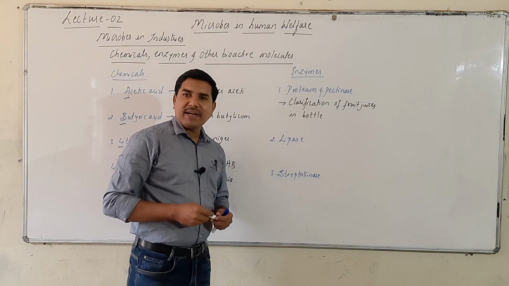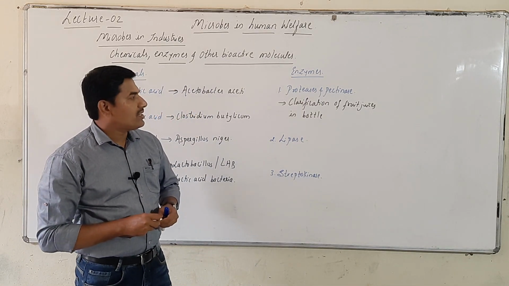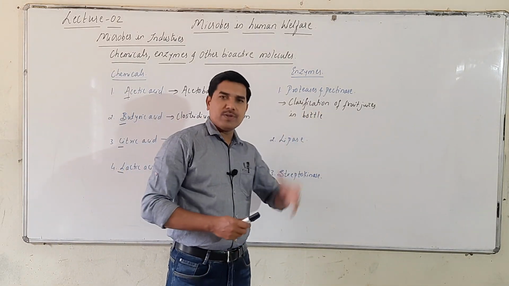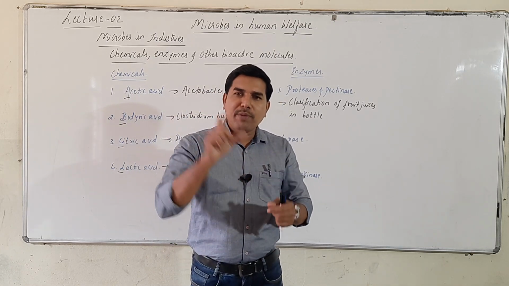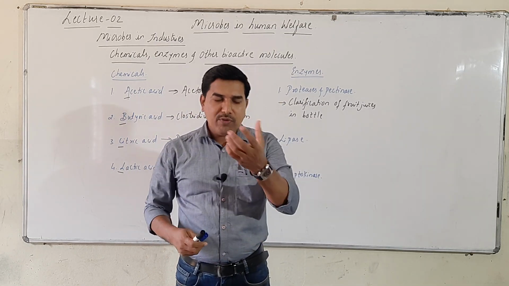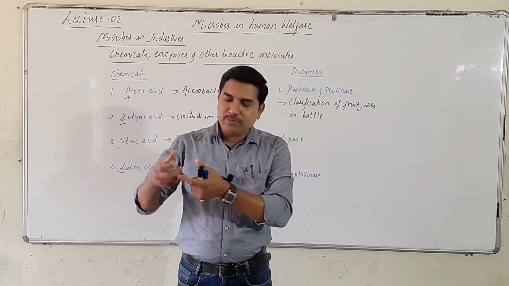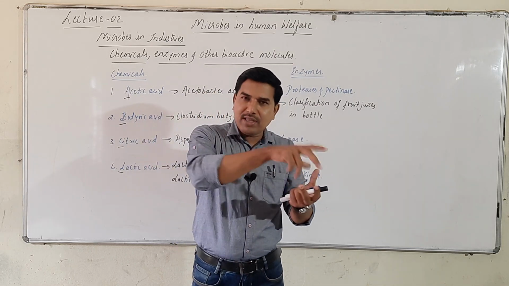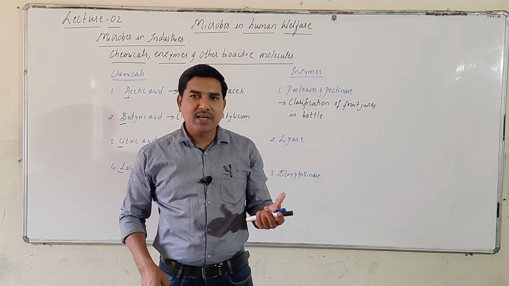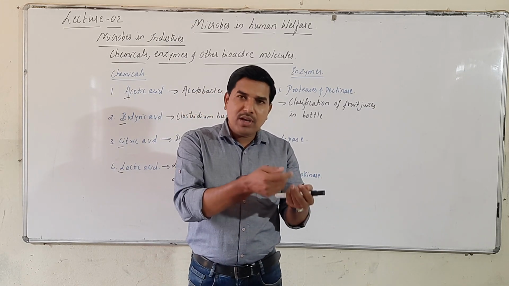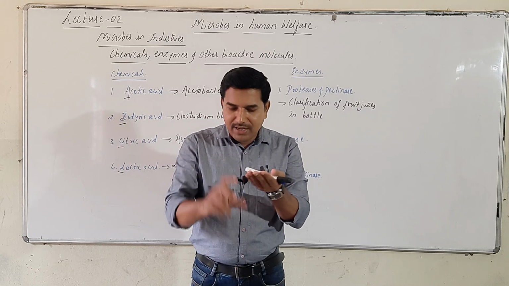Now protease and pectinase is an enzyme which is used in industries for the clarification of the fruit juice. Now for example, I will tell you what is this. In our home, we prepare orange juice. When we prepare orange juice, we will take the orange, we will peel out its skin, then put it in a mixer jar, then crush it properly, mix it properly, grind it, and later on filter it, then take it in a glass.